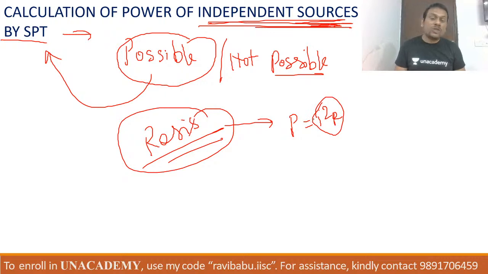One more thing I want to tell you: for the calculation of power of all independent sources, SPT is not generally valid. SPT is valid to calculate the power of independent sources only when the voltage and current of that particular independent source are individually linear. If one of them is non-linear, this concept will fail.